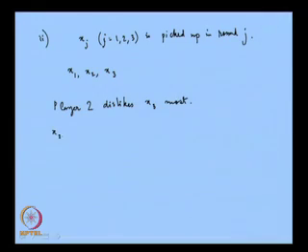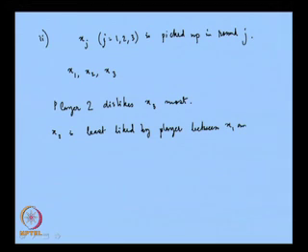X2 is that object which is least liked by player 1, because player 1 is not the player who is moving in round 2. So, x2 is least liked by player 1 between x1 and x2.